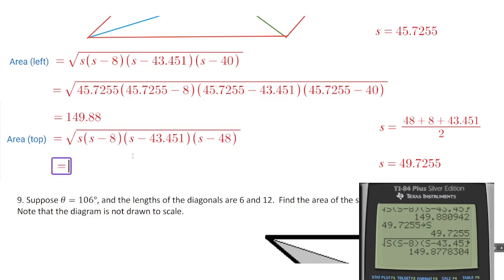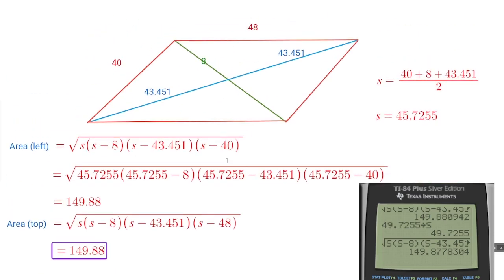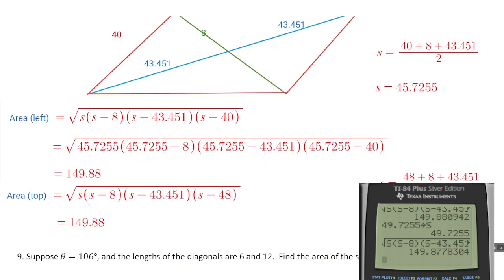Wait a minute, is that the same? That's the exact same area there. Is this going to always happen? Is it exactly the same? Hold up. It is. Wow, it is really, really close there. That's amazing. Look at how close these areas are. Part of me wonders if they're actually supposed to be exactly the same, because I believe this 43.451 is probably a rounded number.